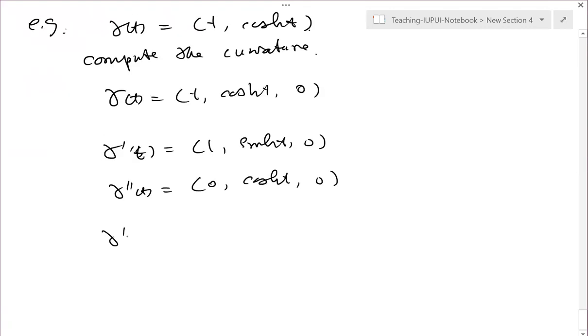Okay, the cross product. You put i, j, k on the top, so you can do it quickly. This is going to be 0, this is also going to be 0, and that will be hyperbolic cosine t.